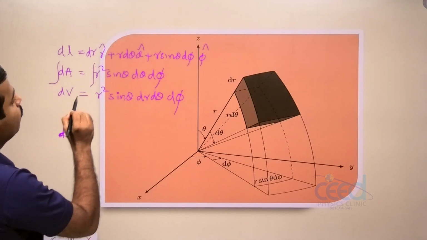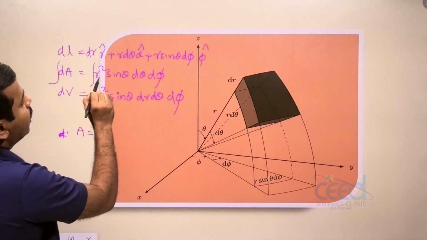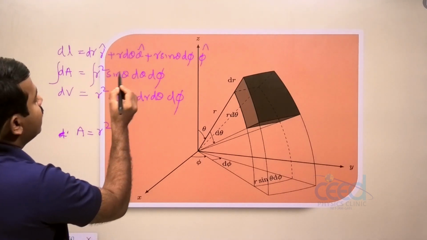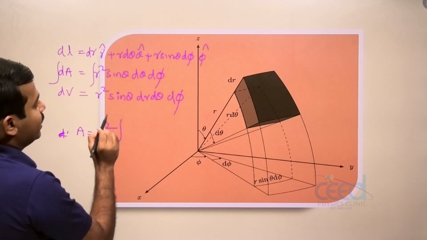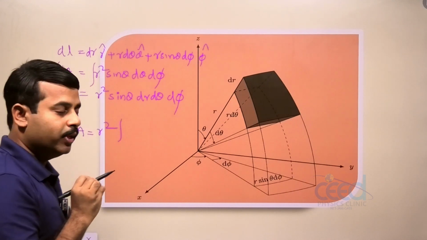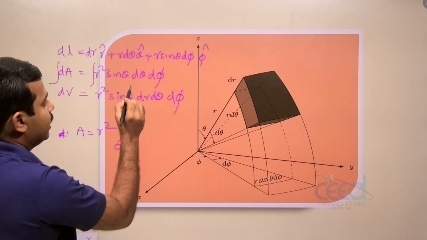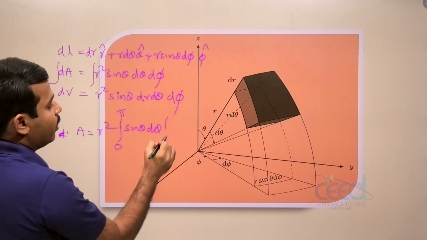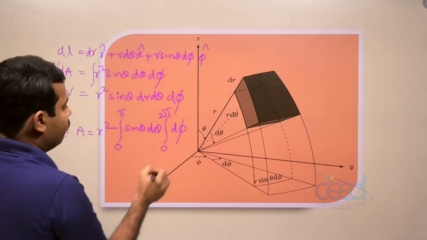A is equal to, integrating this, r square, right, we can take out sin theta d theta on integration. For a full sphere, theta is varying from 0 to pi, sin theta d theta, and phi is varying from 0 to 2 pi, that is d phi.